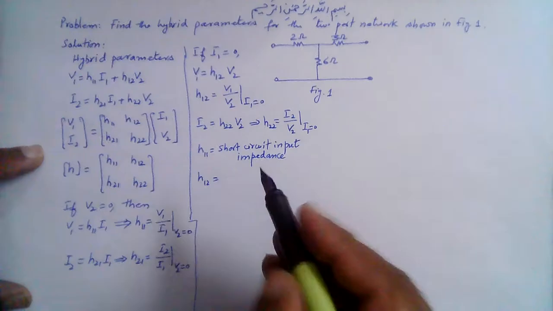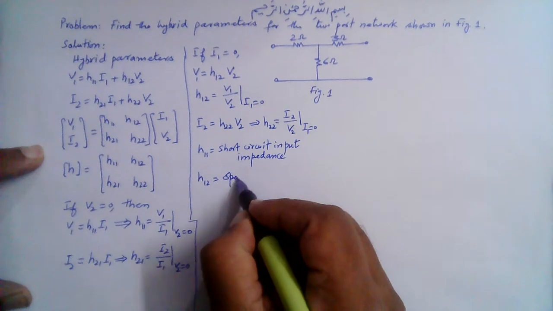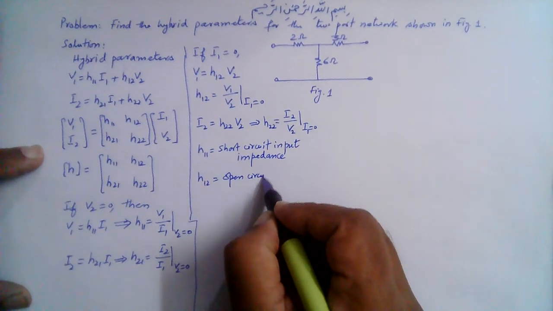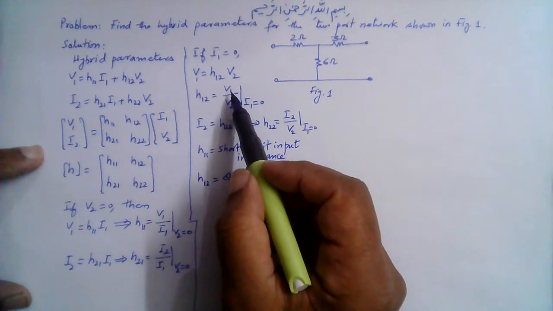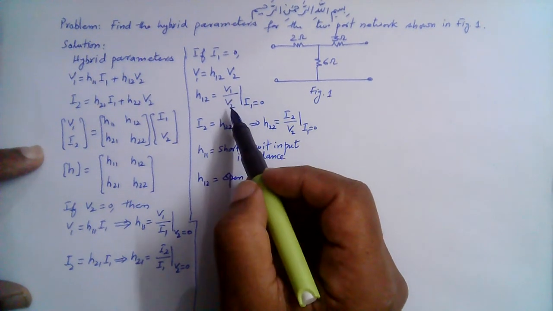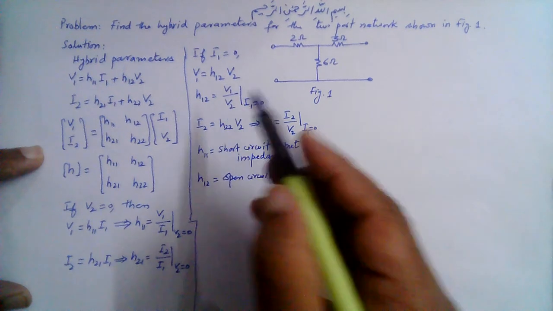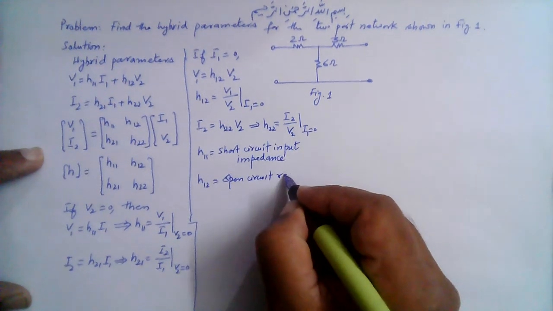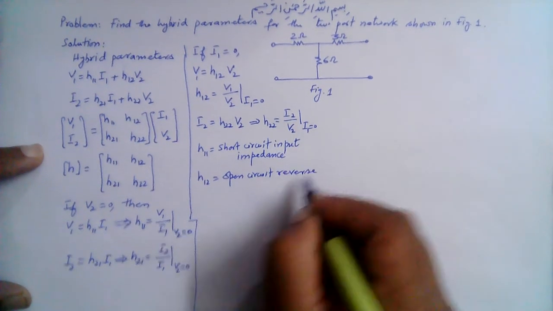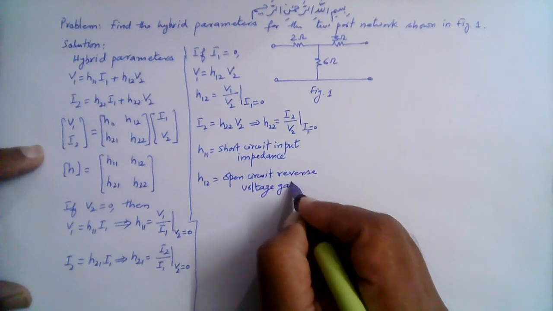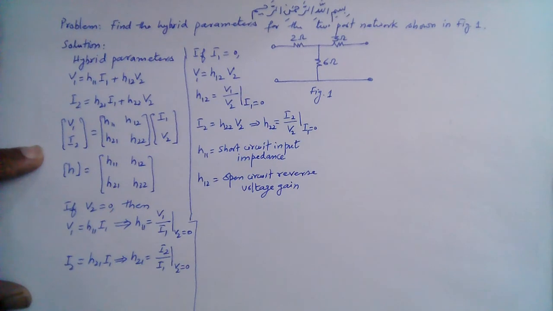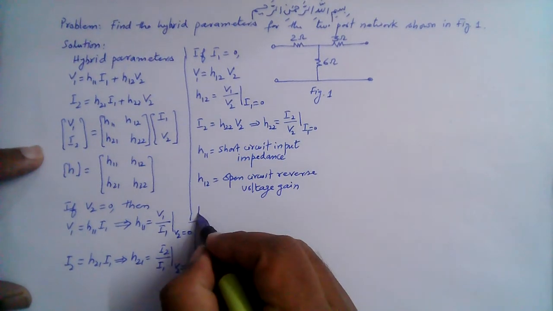And H12 is equal to V1 divided by V2. So this is basically open circuit reverse voltage gain, right?